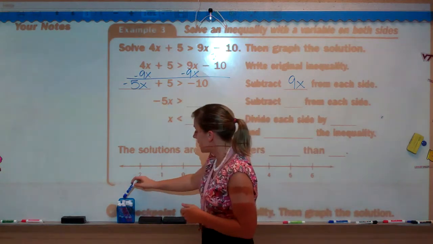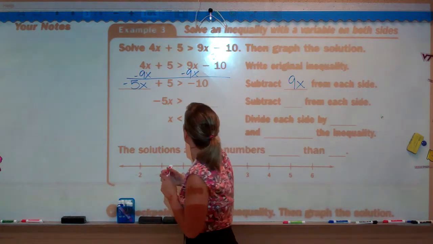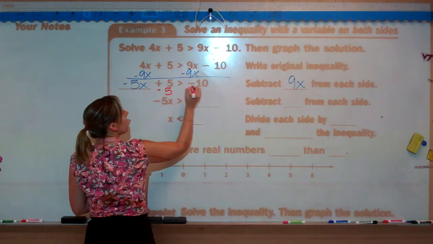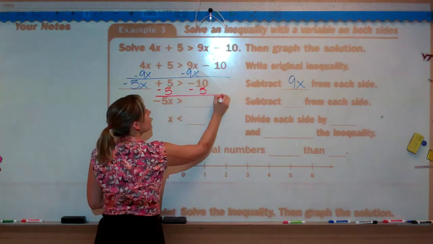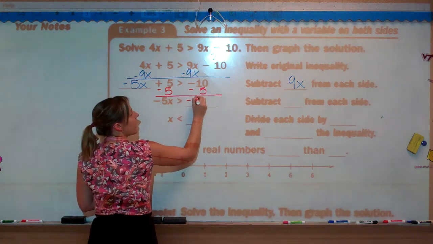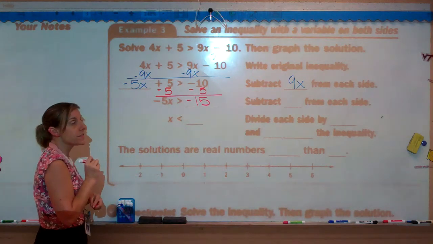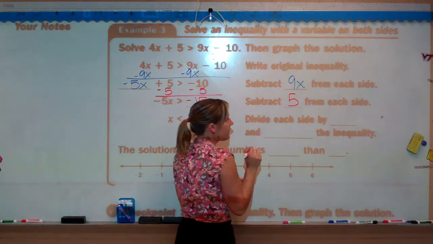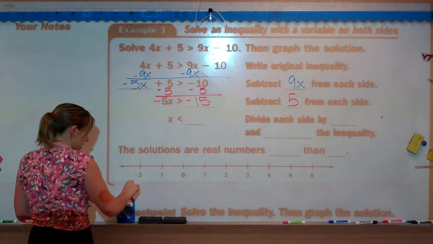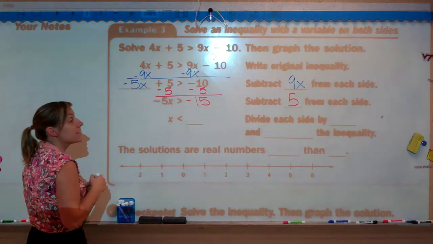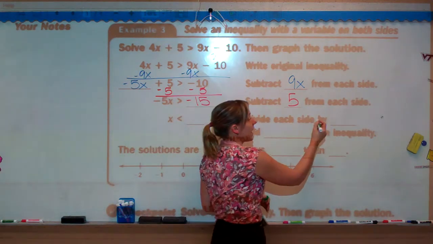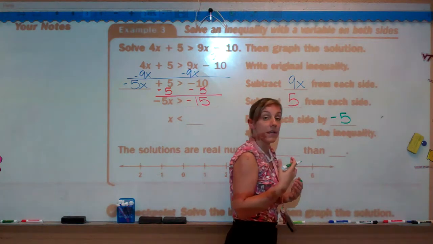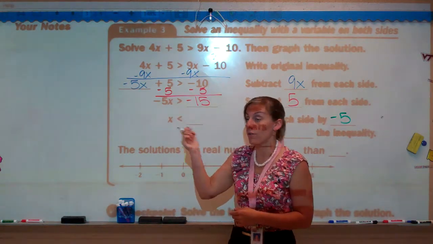Then this is just a two-step inequality, so we are going to take 5 away. Just be careful. Negative 10 minus 5 is negative 15. So we subtract 5 from each side. And then the last thing we're going to do is divide each side by that negative 5, because that's the coefficient.